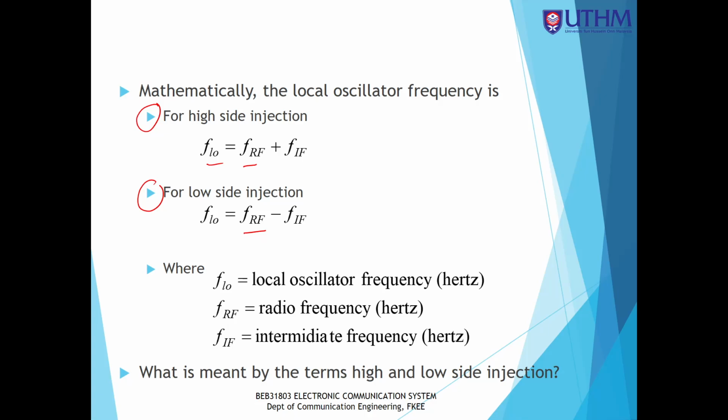So what we need to find, we can find the IF using this parameter. From the high side or low side injection, we can find the FIF. For high side injection, FIF is equal to FLO minus FRF.